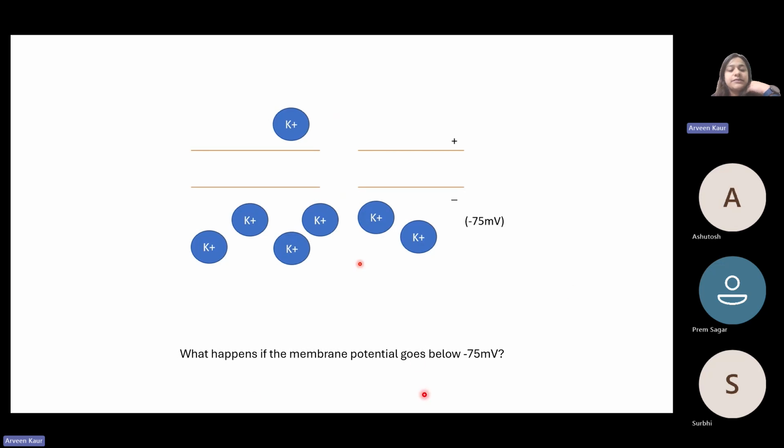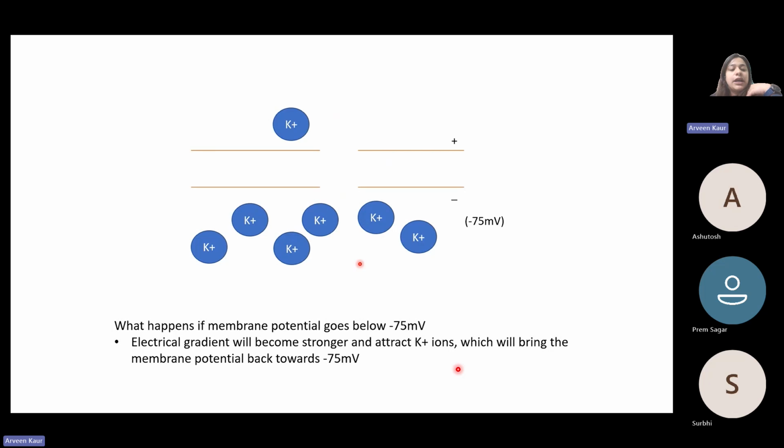So what happens if the membrane potential goes below minus 75 millivolt? The electrical gradient will become stronger and it will attract K plus ions from outside, which will bring the membrane potential back towards this potential, right? So every time, whether it is the electrical gradient or chemical gradient, it will try to achieve the equilibrium potential for that particular ion.